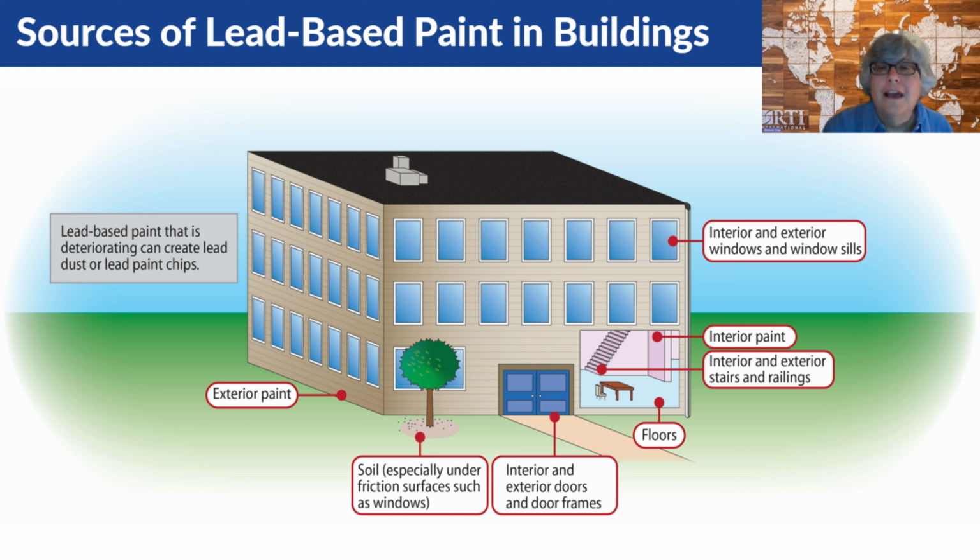Paint with high lead content is known as lead-based paint and was often used in buildings until it was banned in 1978. Lead-based paint can be present both inside and outside of buildings, including on doors, door frames, floors, walls, and windowsills. Some facilities may have already removed lead-based paint hazards from their buildings.